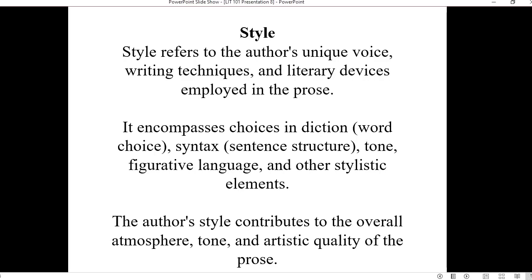So his style contributes to the overall atmosphere. Somebody who is like a comrade who is always looking for defending people's rights, who is always aggressive and so on.